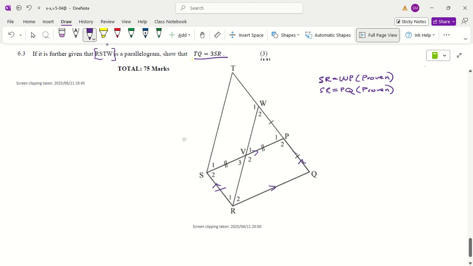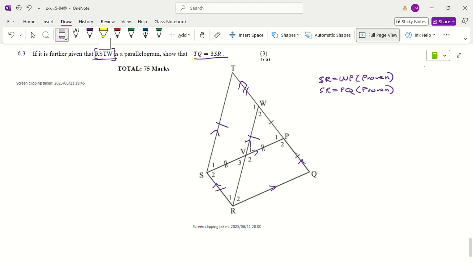Then now we are saying STW is a parallelogram. So meaning this side and this side are equal, and this side and this side are equal, and they are also parallel.